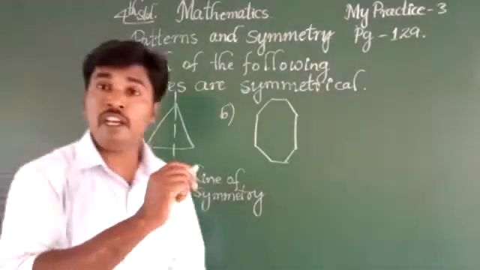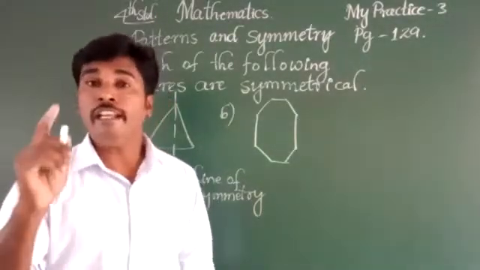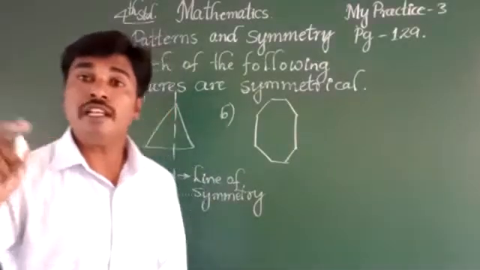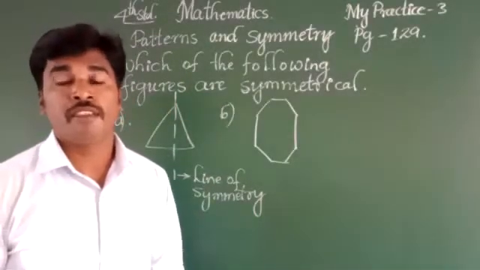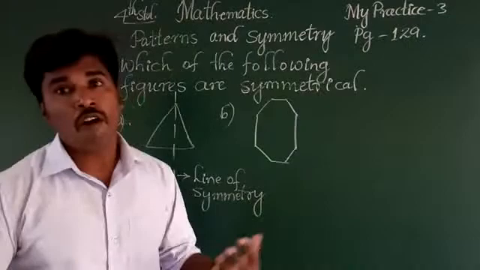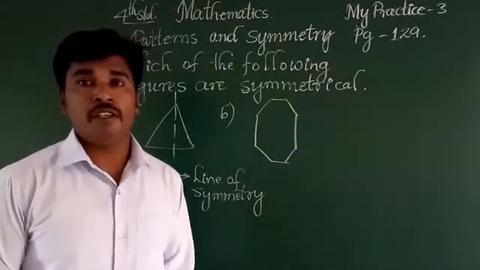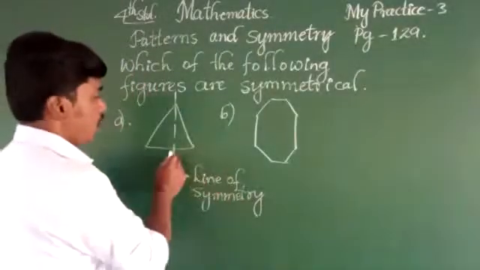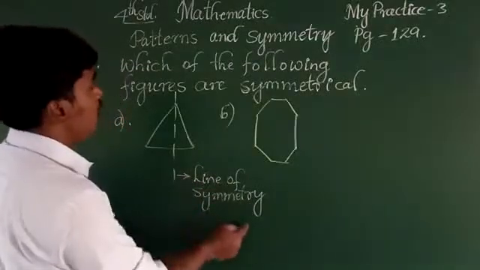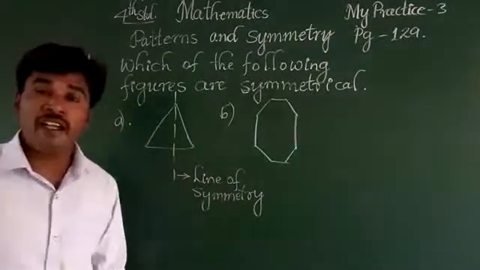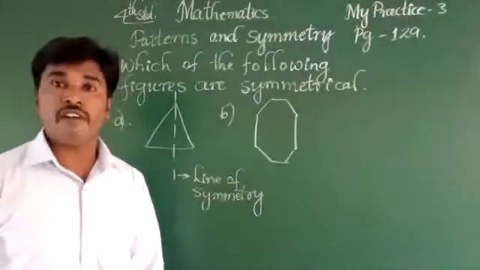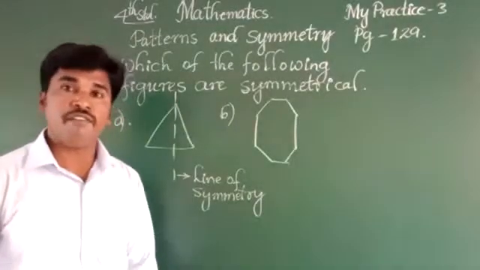If we draw the line of symmetry vertically, then it is called the vertical line of symmetry. If we draw it horizontally, then it is called the horizontal line of symmetry. So here, this has a line of symmetry, so we say that the triangle is a symmetrical figure.